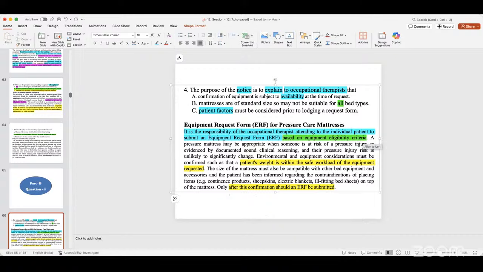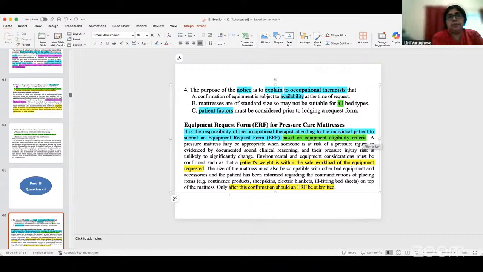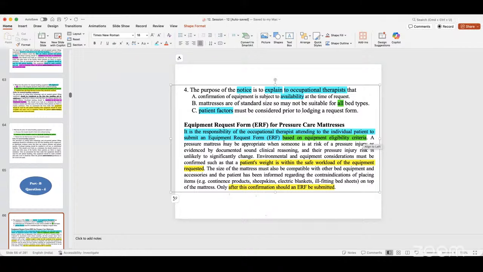From your general knowledge, for each patient, do you give some criteria, patient criteria, like the patient is 7 feet long, 130 kg weight, and then they produce a particular type in the factory for each patient? No, it's not possible. It's impossible, right? Yes. Impossible.